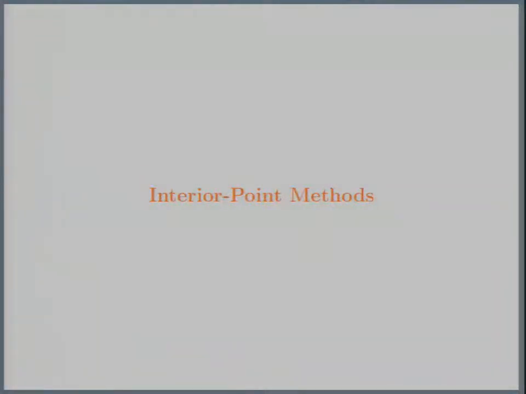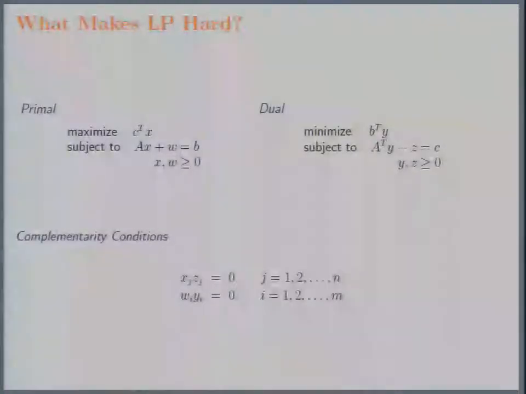Okay, interior point methods. So let's talk for a minute or two about what it is that makes linear programming hard. So we have a primal problem, which I've thrown in the slack variables here to write it this way. We have a dual problem. I've subtracted off the surplus variables to write the z's in there.